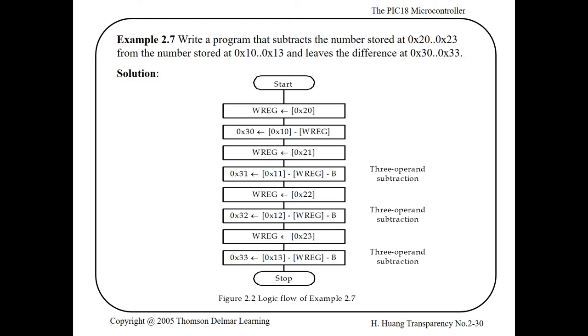So which one will be up, which one will be bottom? 20 to 23 will be bottom or will be up? Yes, because it says 20 to 23 from the number stored at 10 to 13. So 10 to 13 will be on top minus the 20 to 23 and leave the difference at 30 to 33.